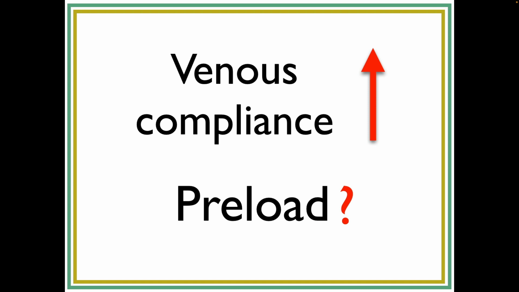Okay. If the veins become compliant, they're kind of like a reservoir, right? And they expand out and expand out and expand out. That's about how the veins work. If they become more compliant and expand out more, do you think that's going to increase the filling into the heart or decrease it? Yeah, decrease it.